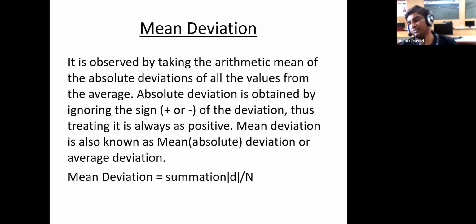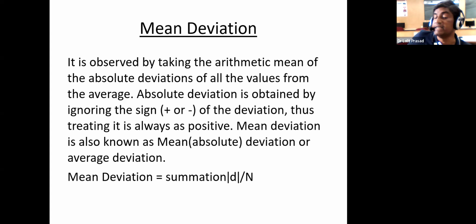Second, mean deviation. What is the mean deviation? It is based on the deviation from the mean. So it is based on taking the arithmetic mean of the absolute deviation of all the values from the average. Absolute deviation is obtained by ignoring the sign, plus or minus. Whatever value we are getting, plus or minus, we are converting into positive only.